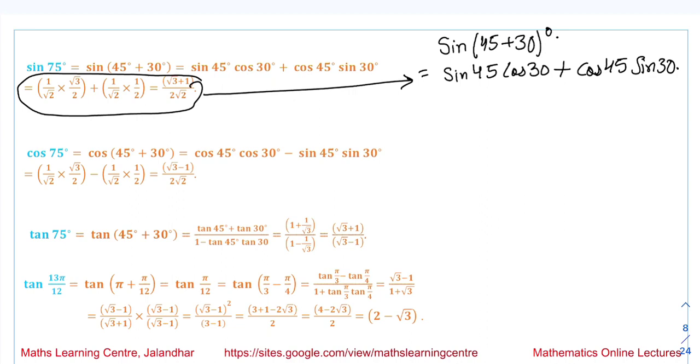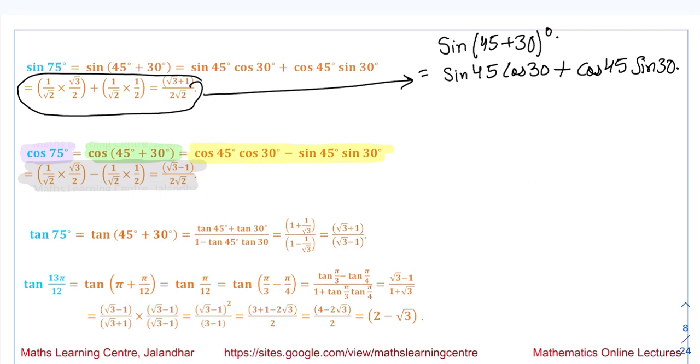Next we have to calculate the value of cos 75. We have written cos 75 as cos 45 plus 30. We have applied the formula of cos theta plus phi. We have substituted the values over here and we have obtained this answer.